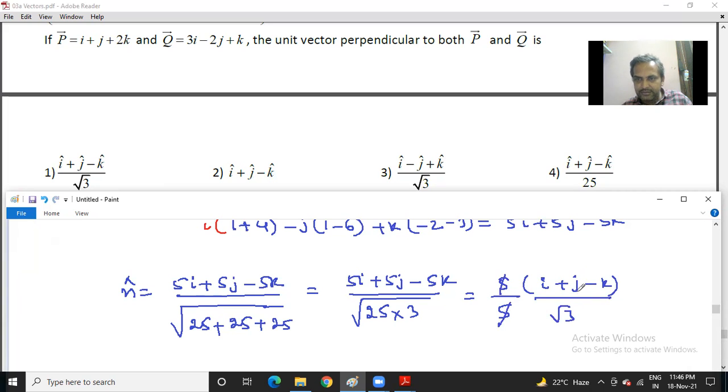So 5 and 5 get cancelled. The correct option is I plus J minus K by root 3, so the first option is correct.